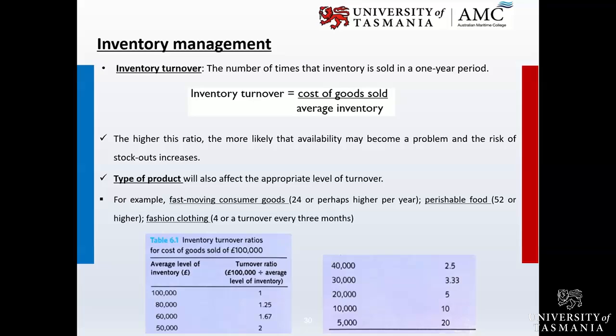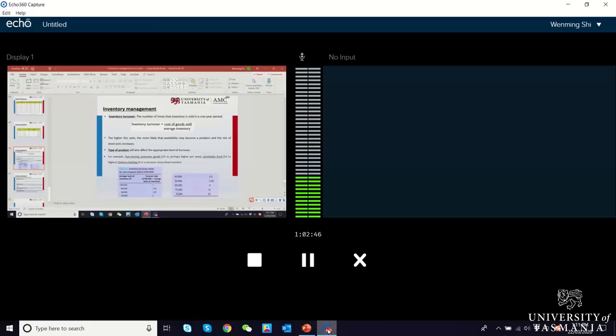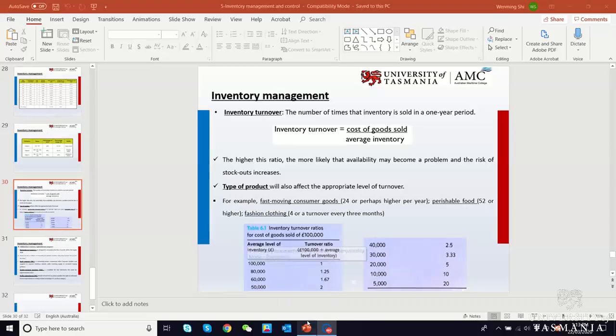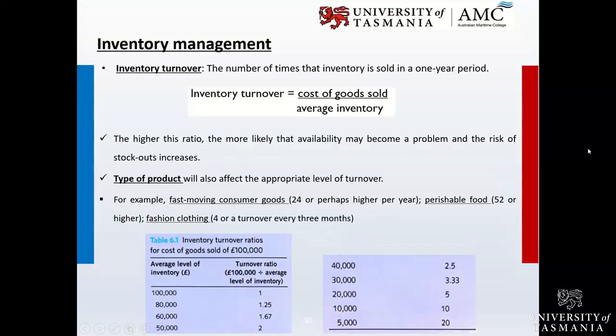Okay, now we can move on to the inventory turnover. It equals cost of goods divided by average inventory. Actually, we have discussed this previously, so you can use this formula to calculate inventory turnover.